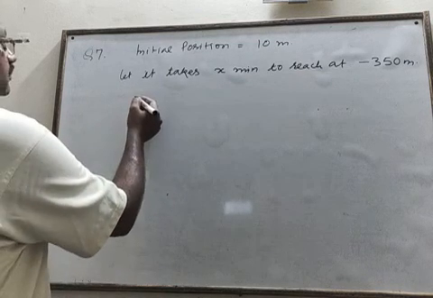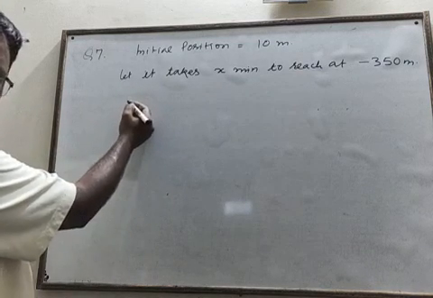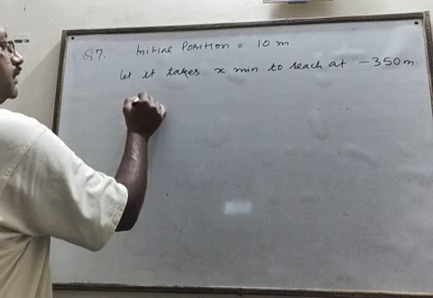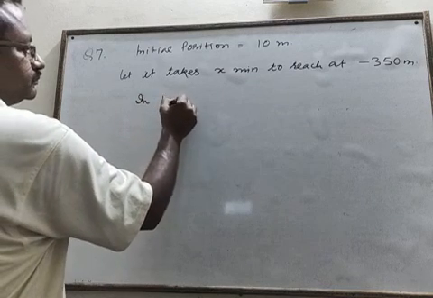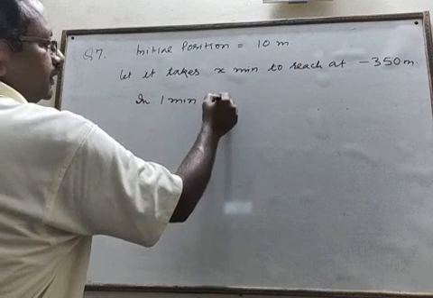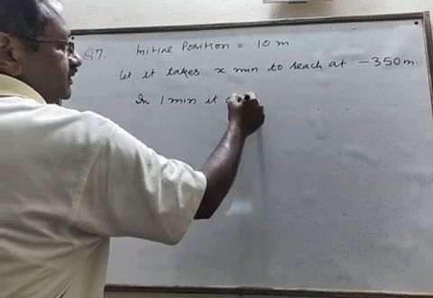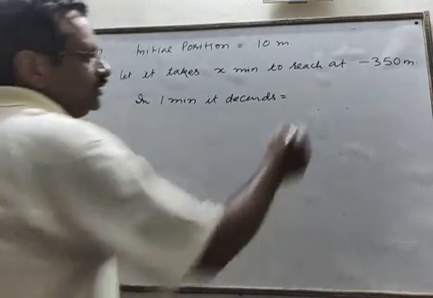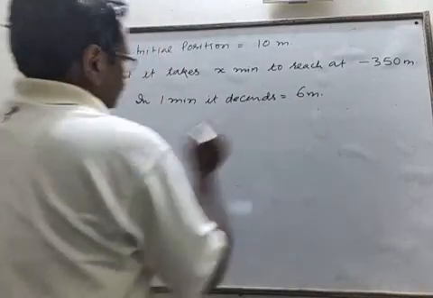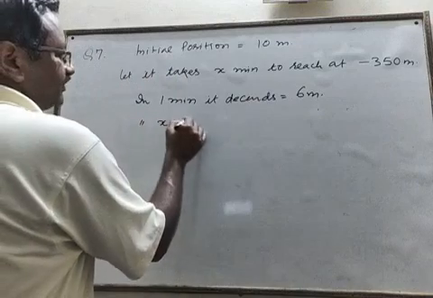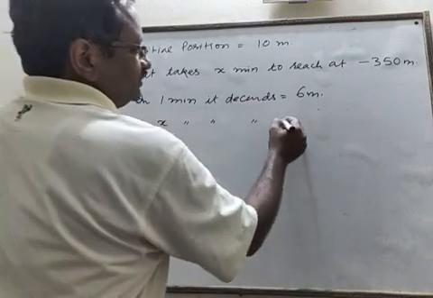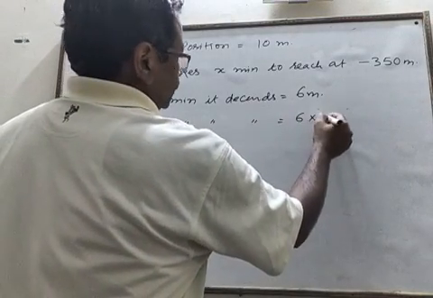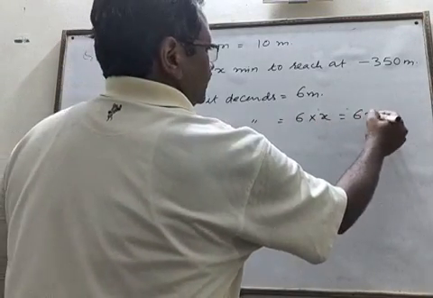So just like question number 5, we will say in 1 minute it descends equal to 6 meter. In x minute it will descend 6 into x, 6x meter.